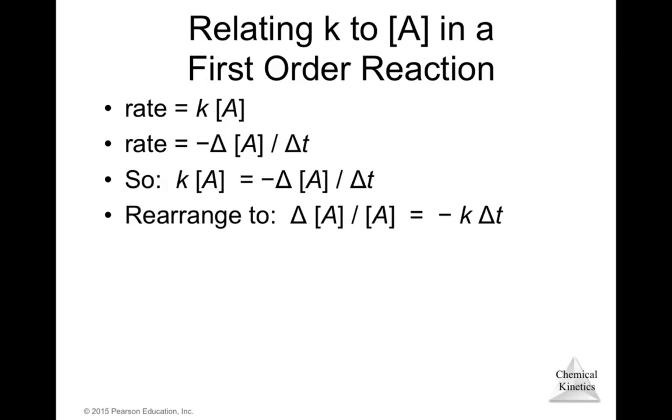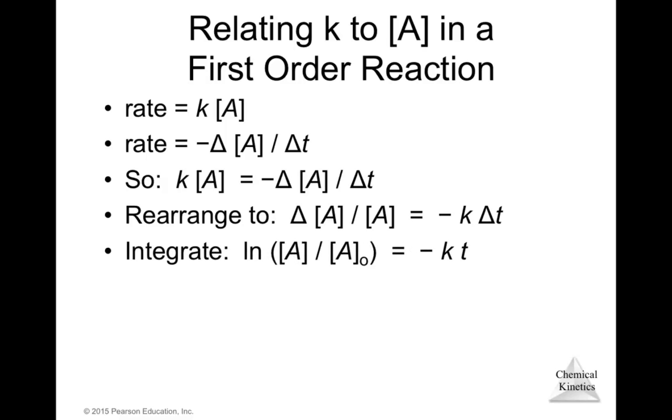Now we can rearrange this equation. Don't worry so much about the math or the rearranging. You need to understand the concept that we're going to discuss in a few seconds. Then we do an integration using the natural logarithm of this expression.